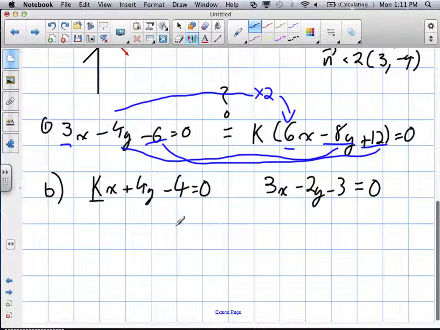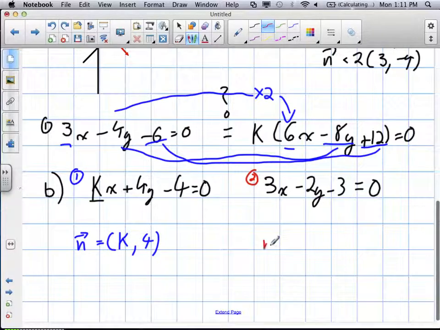Because it's in Cartesian form, we're going to relate it back to its normal. The normal of the first line, normal 1, has a k value for our x and a value of 4 for our y. And the normal of line 2, normal 2, is equal to 3 and negative 2.